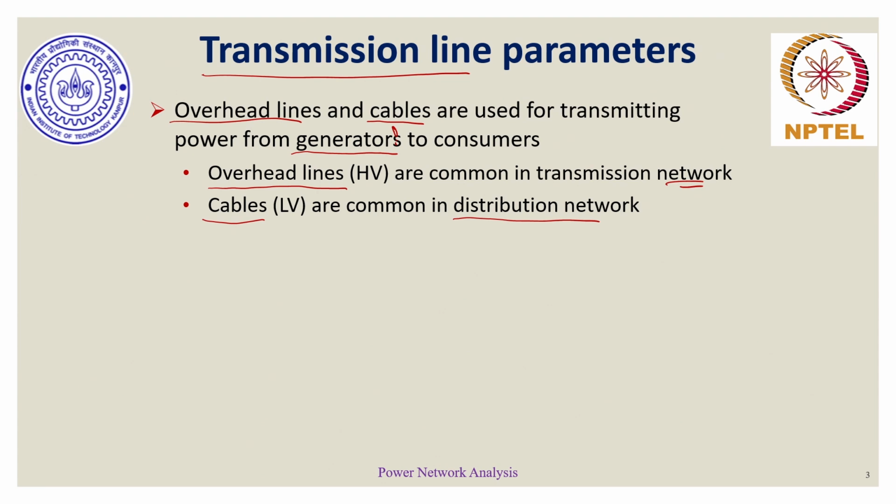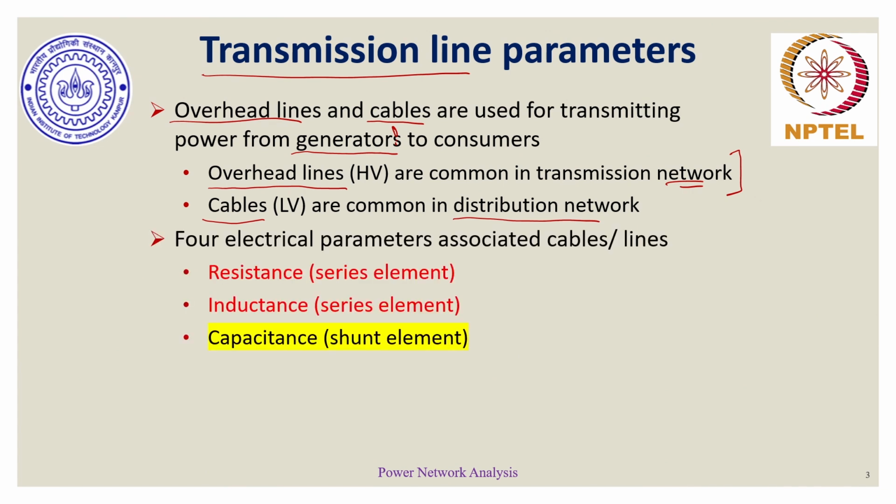But that apart, for our discussion we will mostly focus on the transmission lines, which are usually overhead in nature. Irrespective of whether these are overhead lines or cables, almost all of them have 4 common attributes or parameters from the electrical engineering perspective.